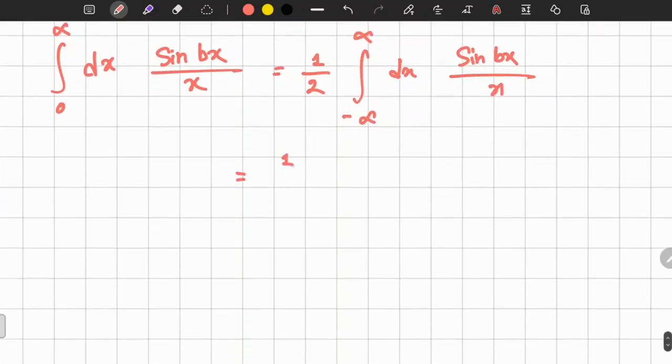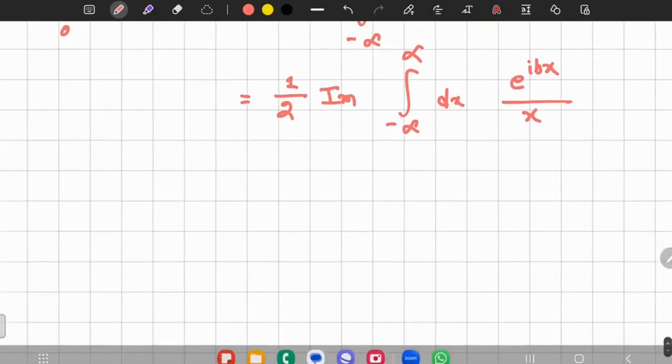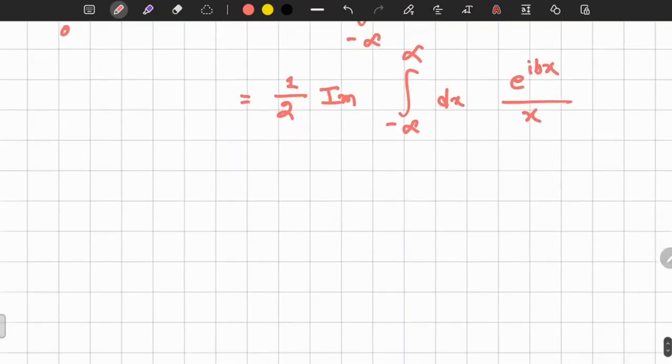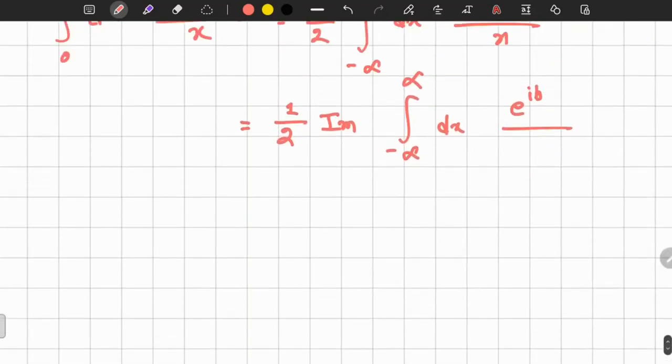So if we want to evaluate that, then we can write it like the imaginary part of the integral from minus infinity to infinity dx of e to the power I bx by x, right? Because the imaginary part of e to the I bx is essentially the sine bx. So this integral we have to evaluate. Okay, let me write it x here, then we will compare it.